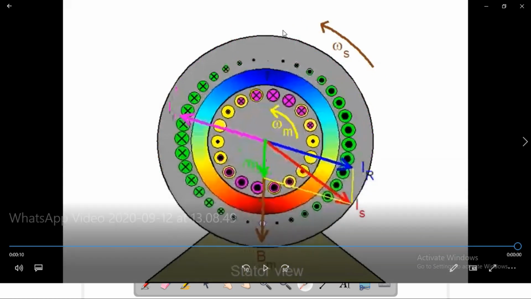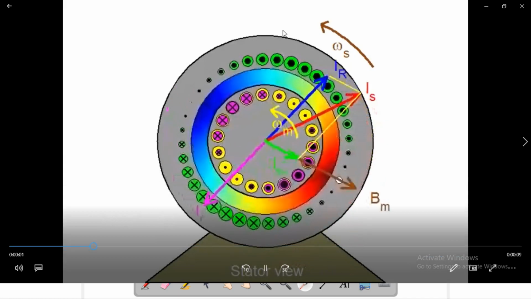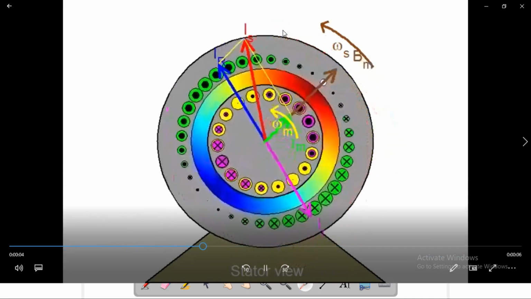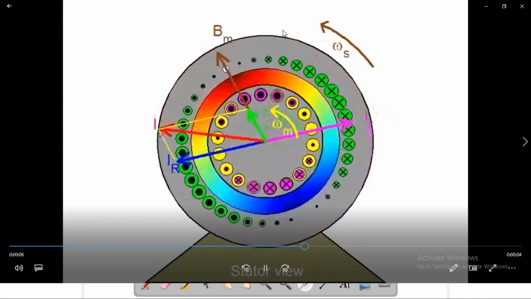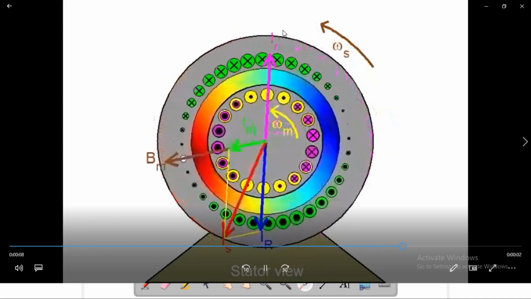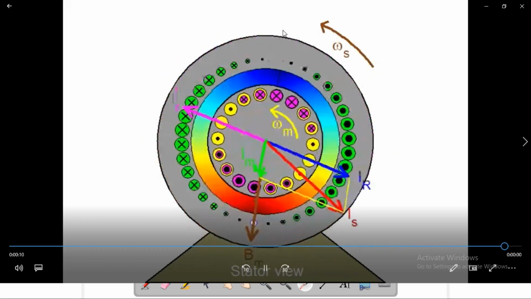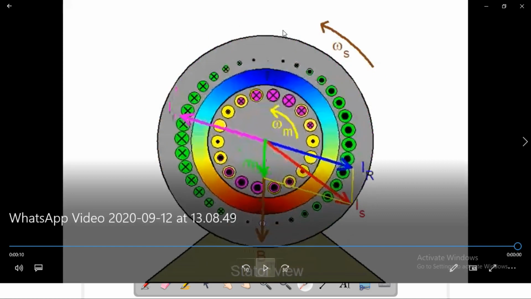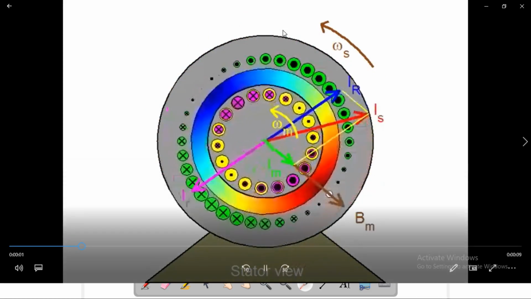As we discussed earlier, torque is produced in an anti-clockwise direction, and we assumed that the rotating magnetic field rotates anti-clockwise.